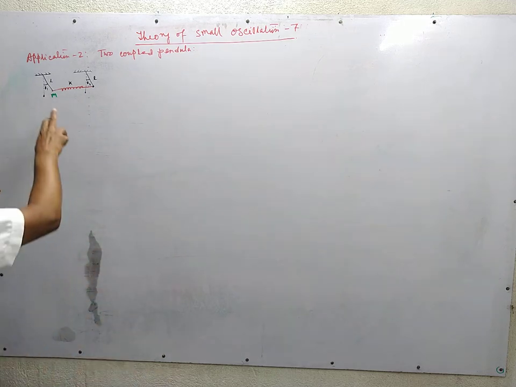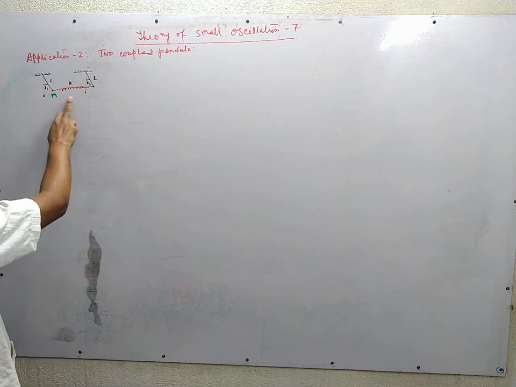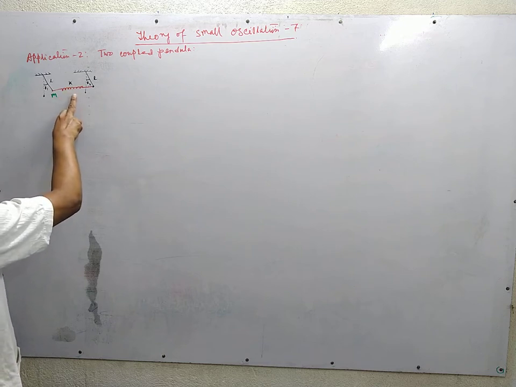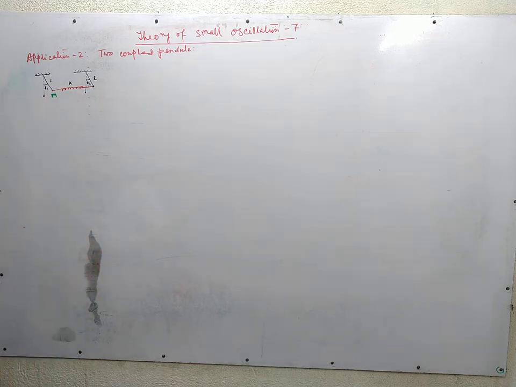But here the two bobs are connected by an elastic spring of spring constant K. Our aim is to solve the problem by using the theory of small oscillation.